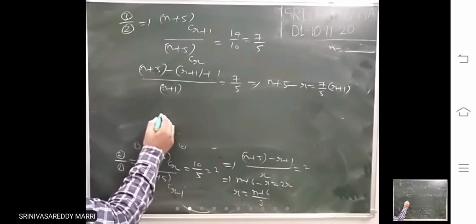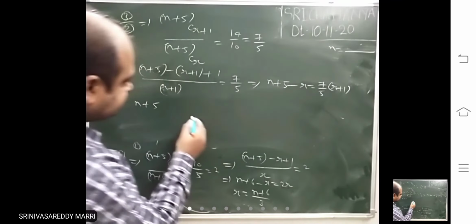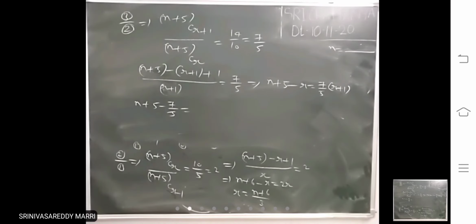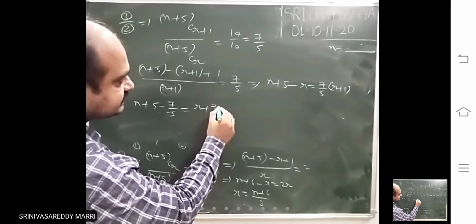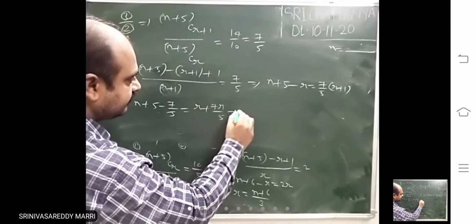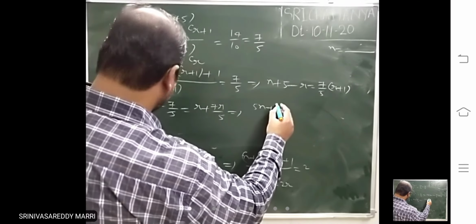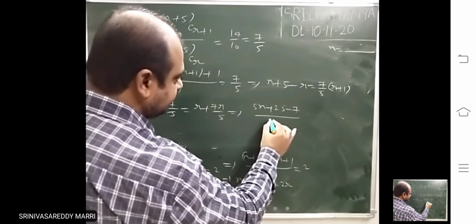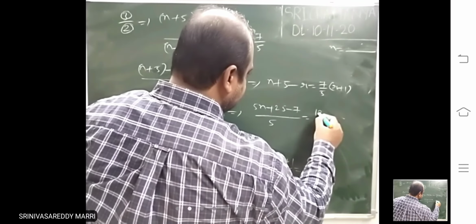So what is the r value? Bring this 7 by 5 to this side: r plus 7r by 5. That implies 5n plus 25 minus 7 divided by 5 equals 12r divided by 5.